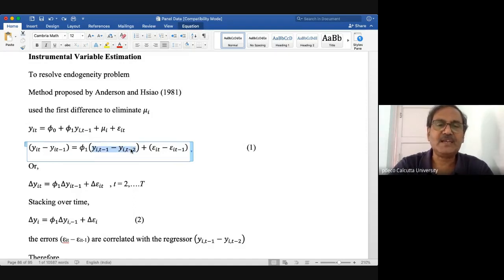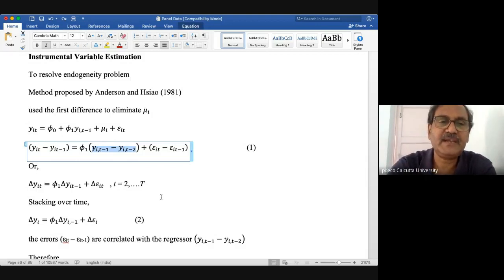So there is a correlation between the regressor, delta YIT minus 1, and the error term, delta epsilon IT. They are correlated. Clear?